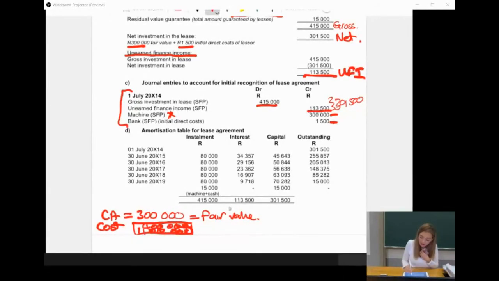Then what's going to happen is that this 300,000 over here is going to be split: you're going to have 400,000 here at cost and 100,000 here for your accumulated depreciation.